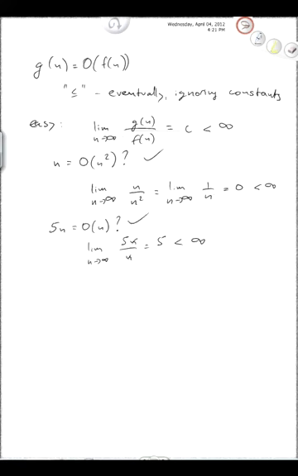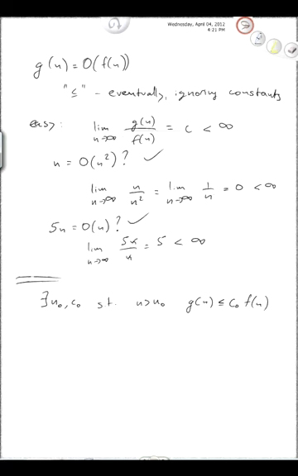And just to be totally exact, the exact definition of big O is the following: there exist some constants n naught and c naught such that for n bigger than n naught, we have that g of n is less than or equal to c naught times f of n.